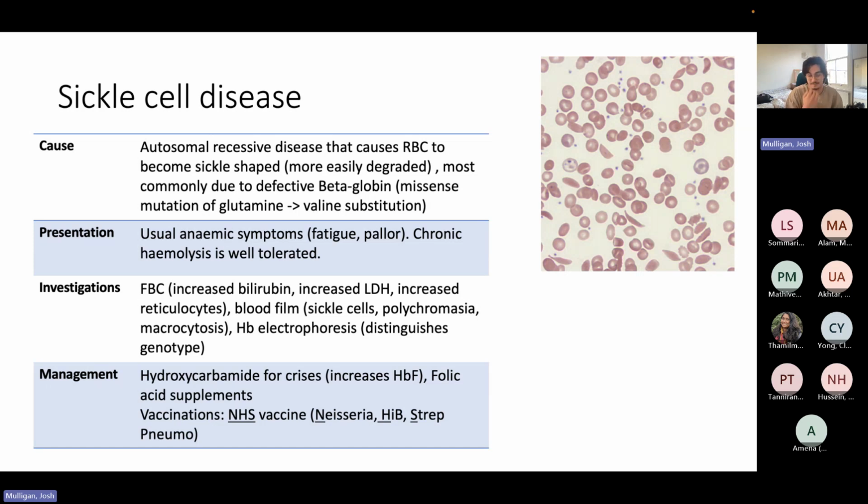And you can also vaccinate these patients against Neisseria, Hib B, and strep pneumo, basically.